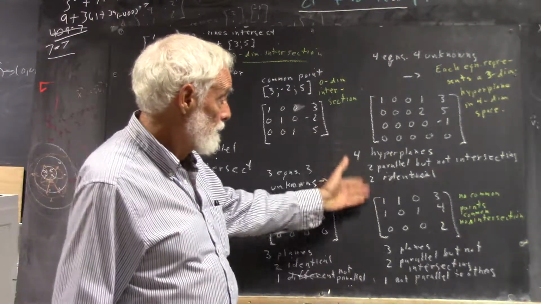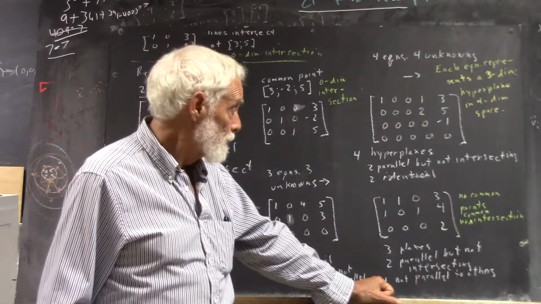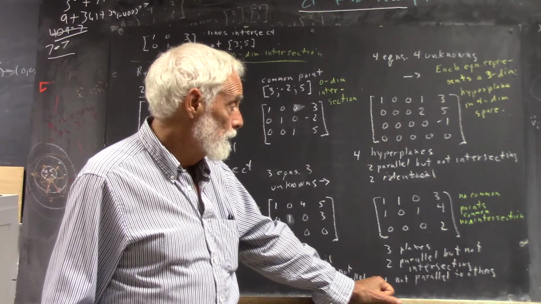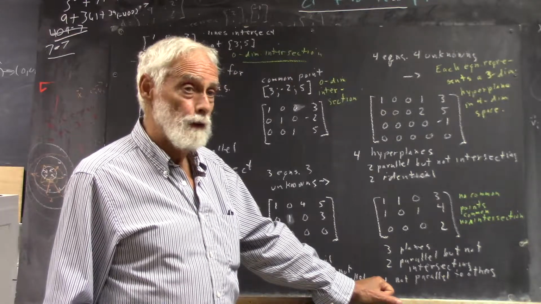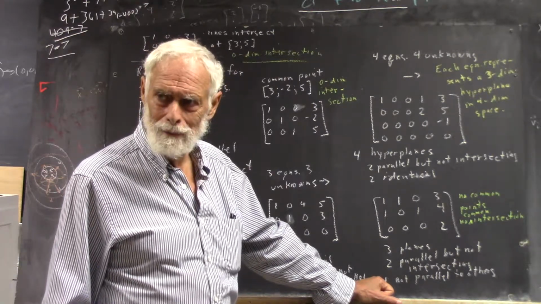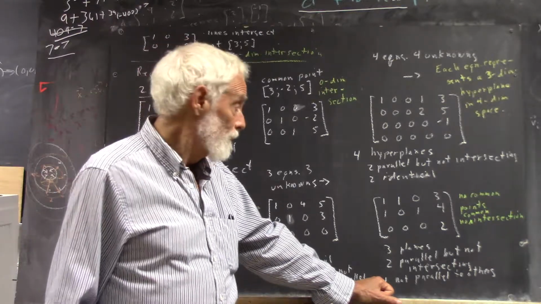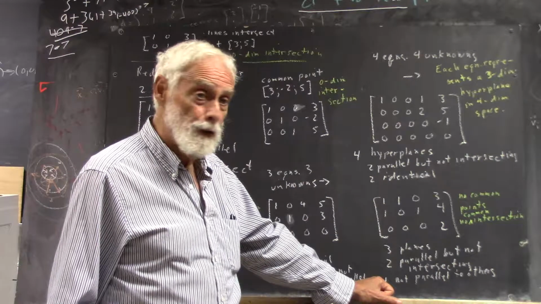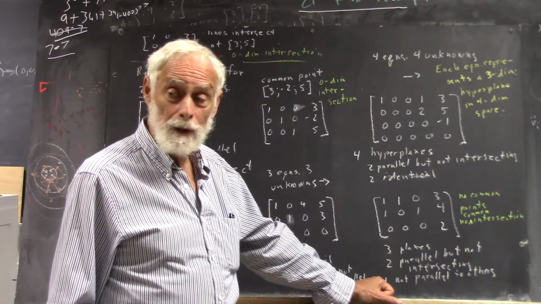Or based on this. For example, if 2 of them are identical, it means you've really only got now 3 independent hyperplanes. Okay? Now, if two are parallel but not intersecting, whatever parallel means, well, what would that mean?